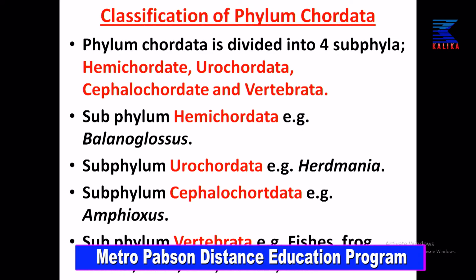So we've got the classification of phylum Chordata. Phylum Chordata is divisible into 4 subphyla: Hemichordata, Urochordata, Cephalochordata, and Vertebrata.